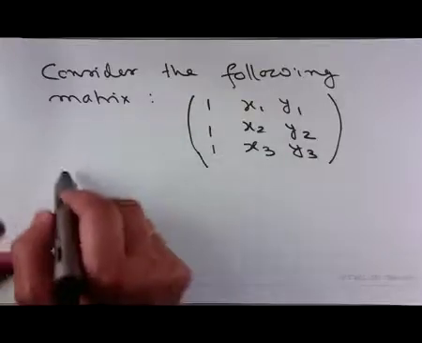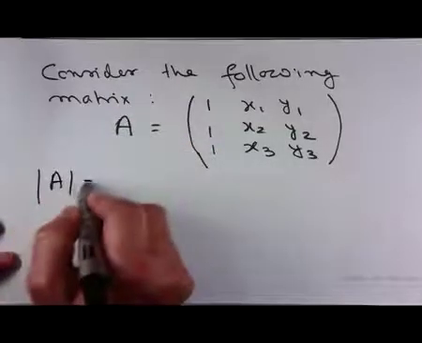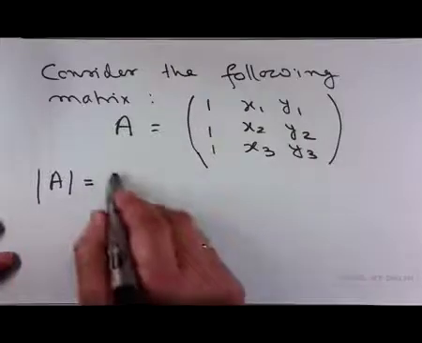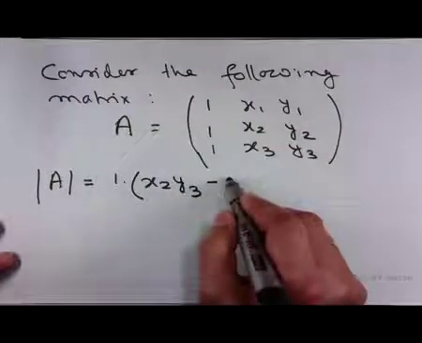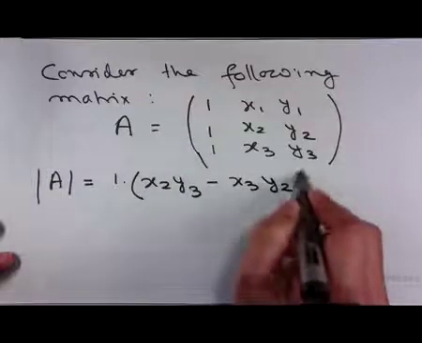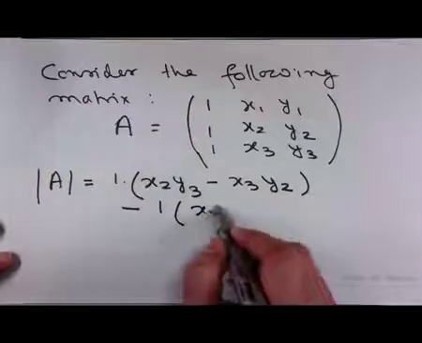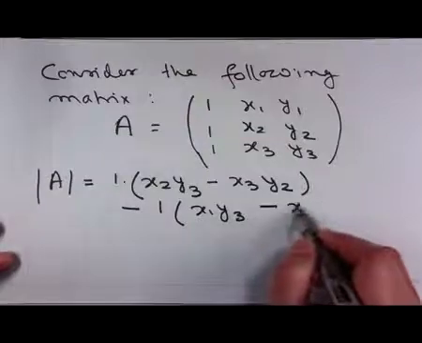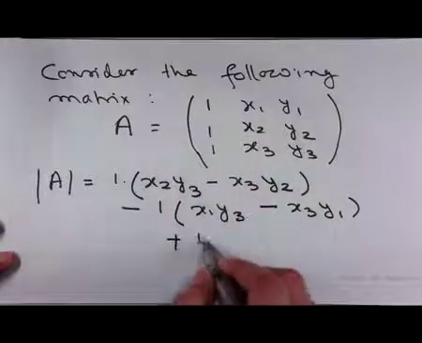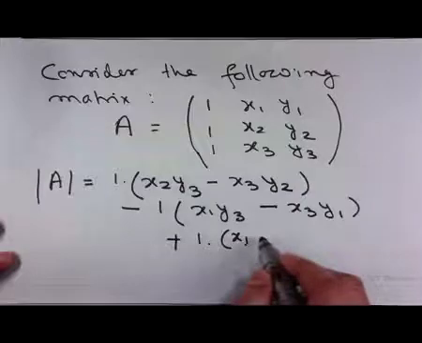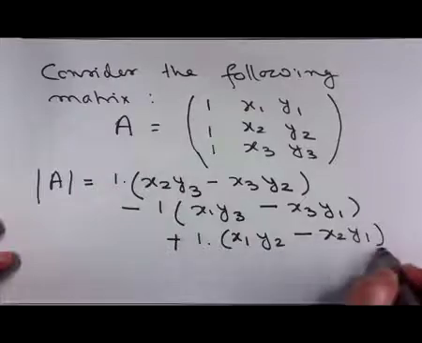So, what is the determinant of this matrix? If we call it A, then determinant of A is equal to 1 into x2 y3 minus x3 y2, minus 1 into x1 y3 minus x3 y1, plus 1 into x1 y2 minus x2 y1.